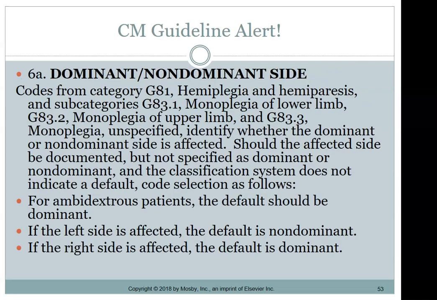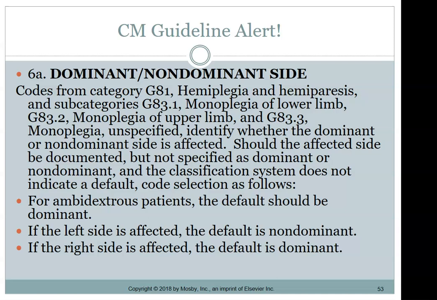The CM Guideline Alert. 6A, dominant and non-dominant side. Codes from category G81, hemiplegia and hemiparesis, and subcategories G83.1, monoplegia of lower limb, G83.2, monoplegia of upper limb, and G83.3, monoplegia unspecified.